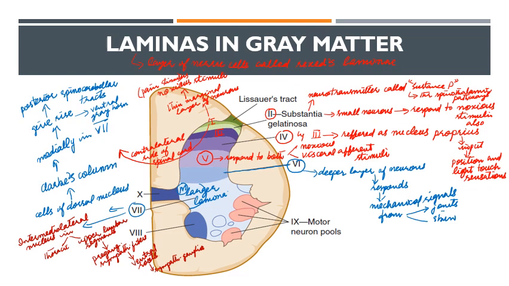Then comes lamina 8 and lamina 9. These two layers represent motor neurons in the medial and lateral portions.